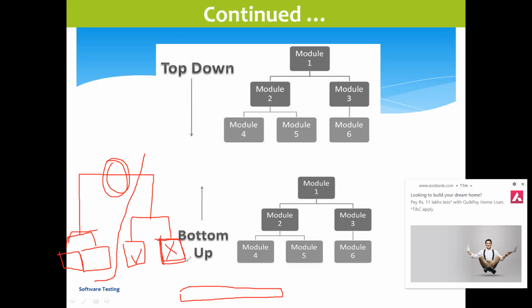Instead of using that module permanently, we are using a temporary one. Suppose you don't have a bike today, so you can go buy another bike, or you don't have a car, you can alternatively go by taxi or bus or metro train, same thing only. Since it is not completed 100%, maybe 70% completed, one alternative option they are giving, one program or application that will be present instead of this.